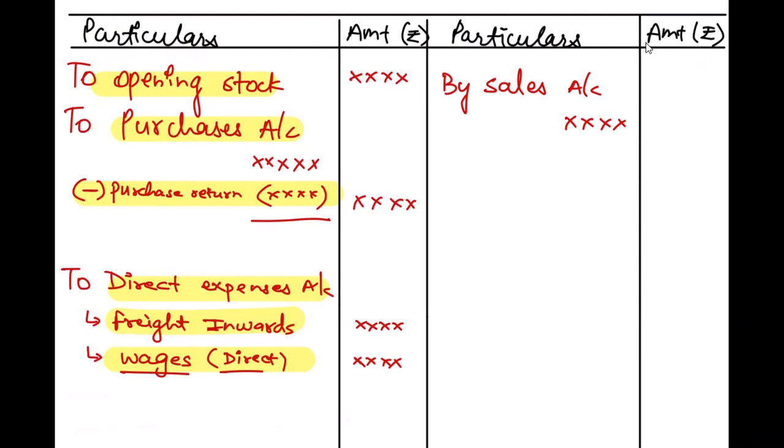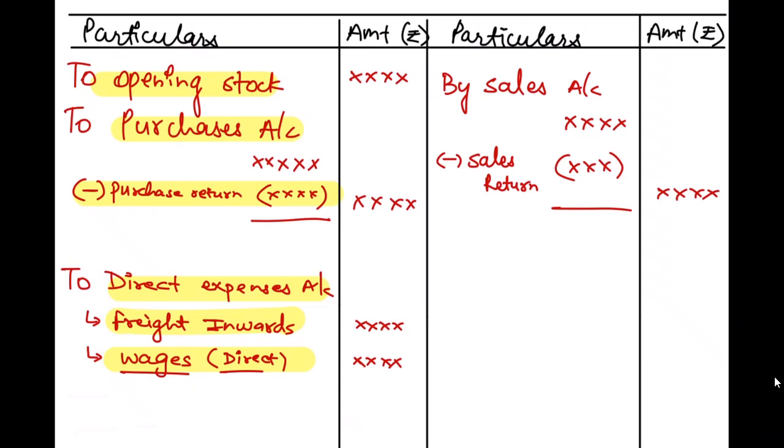What do you mean by sales account? Whatever sales has been done in the whole period will be mentioned over here. But if there is any sales return, the goods has been returned, so I will deduct it from the sales figure and I will write a net figure on the amount column.